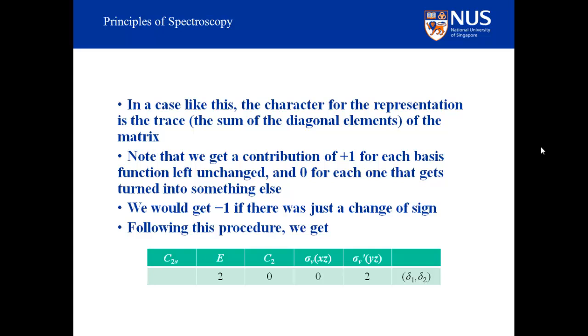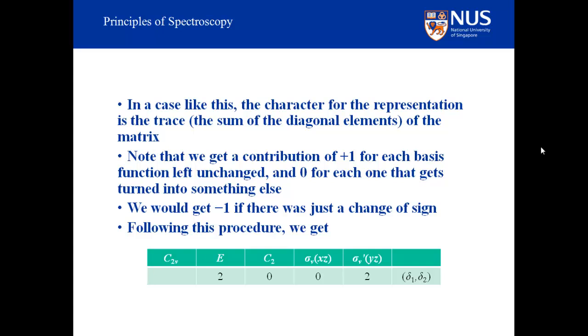Following this shortcut procedure, we get the following representation for our basis set delta 1 and delta 2, that is 2, 0, 0, 2. Note that under the identity, both delta 1 and delta 2 are unchanged and so contribute both +1 to the character under the identity.